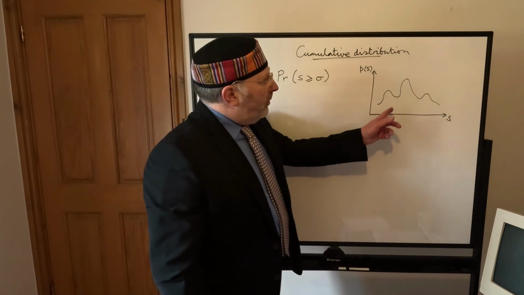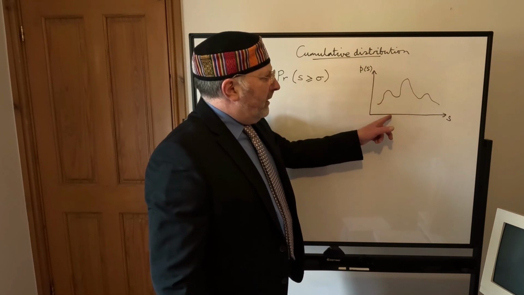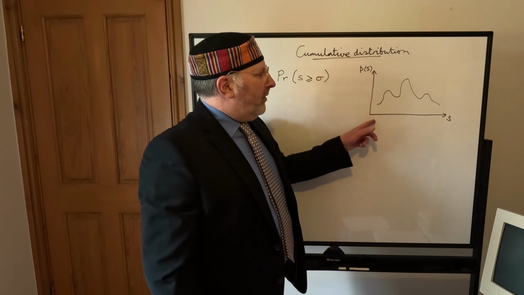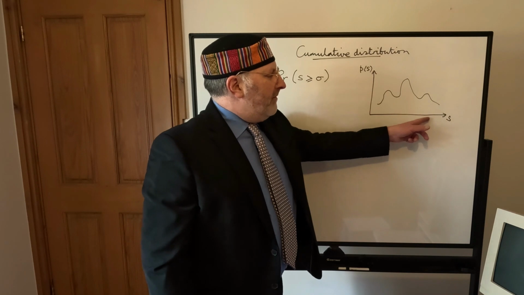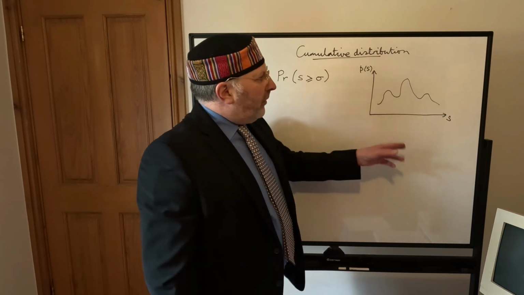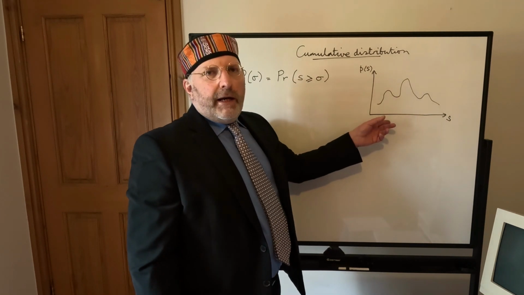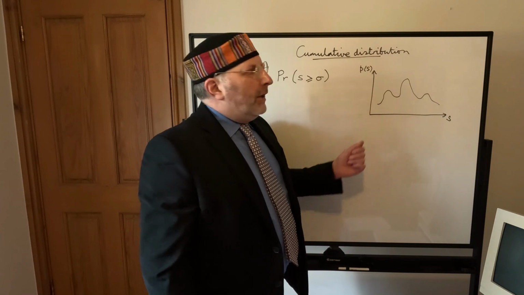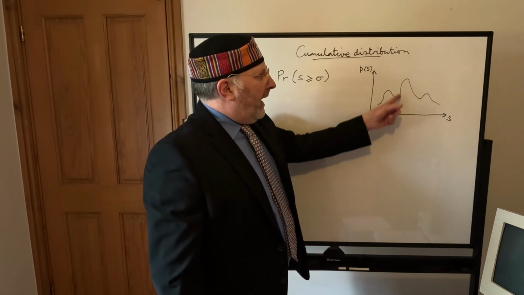Well, this P of S isn't the probability of having a particular size S, because there are infinite number of values of S. So the chance of landing on any one of them is 1 divided by infinity, which is 0.